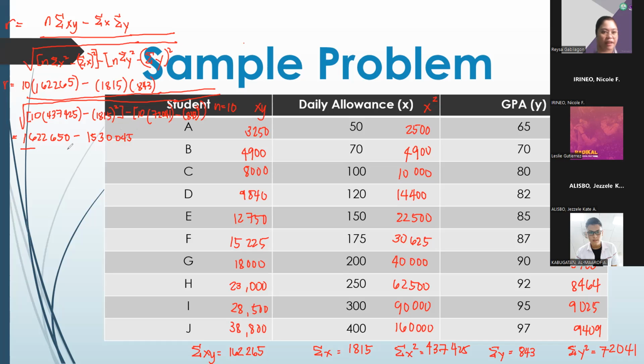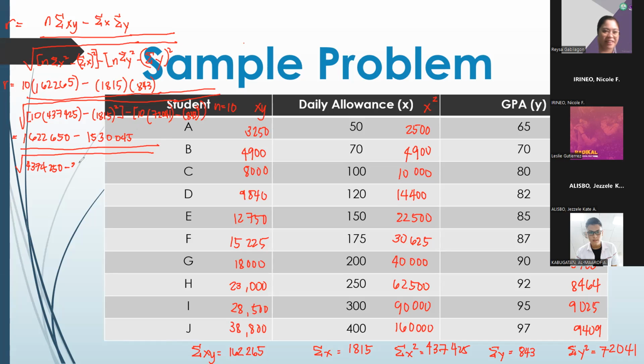Okay? And then divided by the square root of 10 times 437,425, which is 4,374,250, minus 1,815 squared, which is 3,294,225.